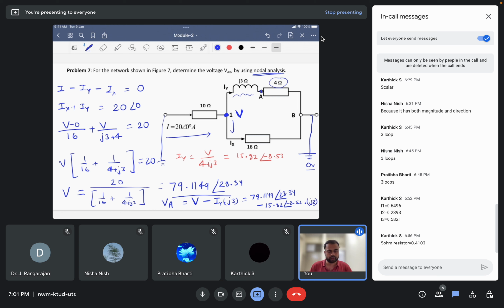So this will be our answer. So please calculate the current multiplied by 3j, and finally subtract it from the total voltage at node 1.